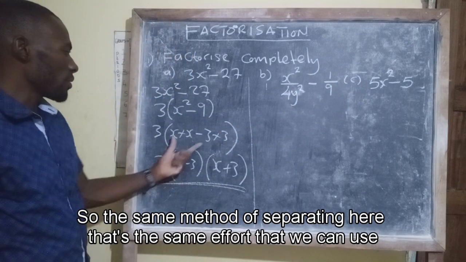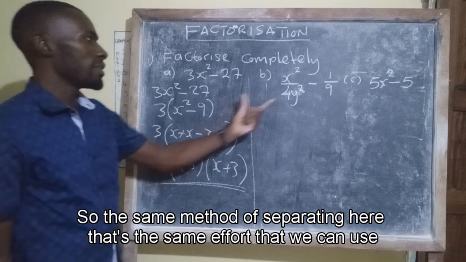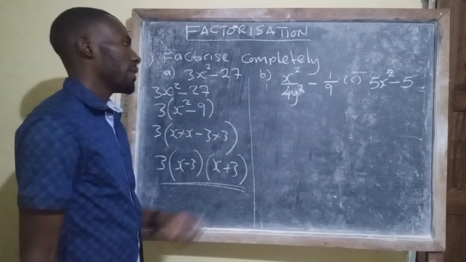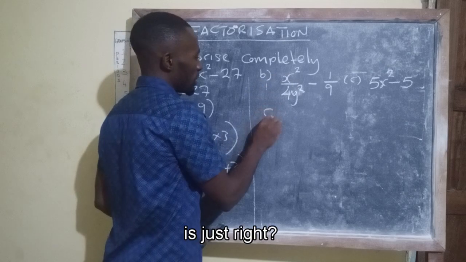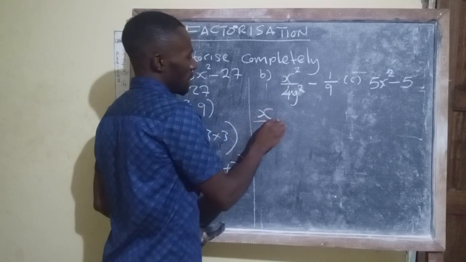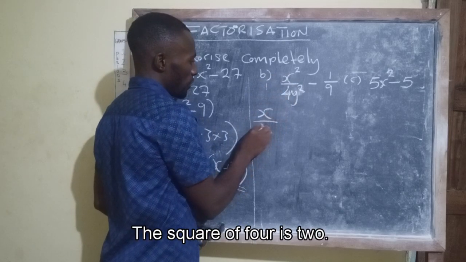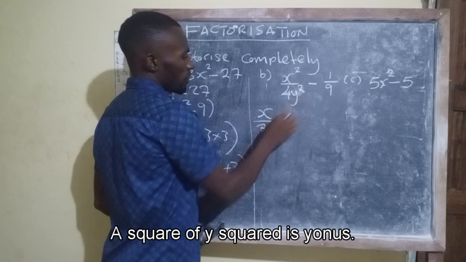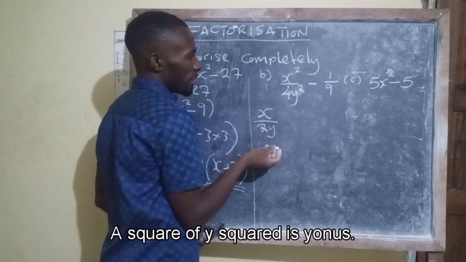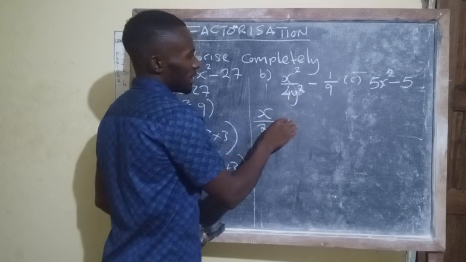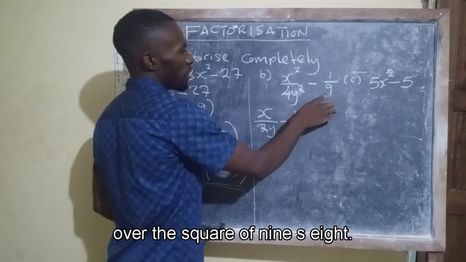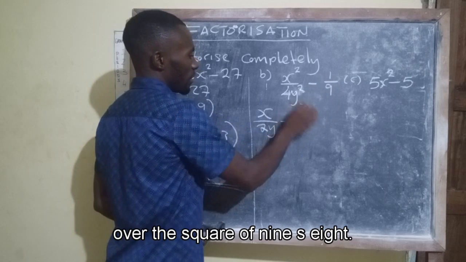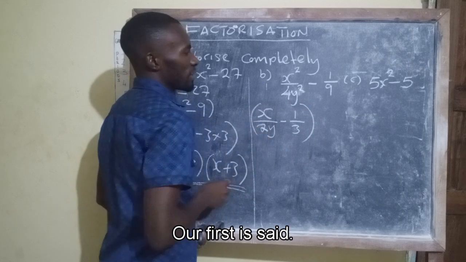So the same method of separating here is the same method that we can use there. As a result, you just write x here. The square root of 4 is 2. The square root of y squared is y. Minus the square root of 1 is 1 over the square root of 9 is 3. So this is our first set.